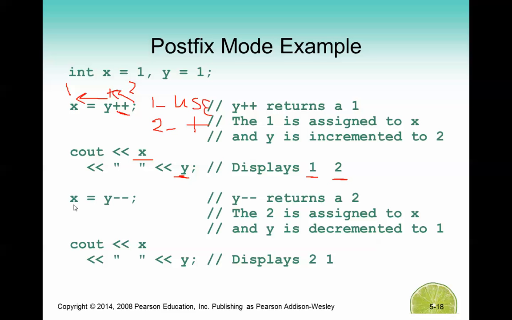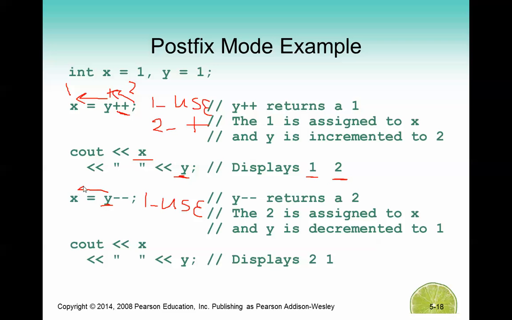Next line. I have x is going to be assigned the value of y minus minus. Okay, y has a 2, right? So here, first, do I use or do I decrement? I use it. So I'm going to use the old value, and the old value is a 2.